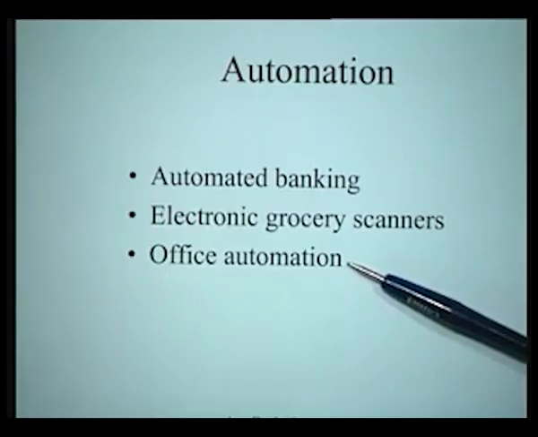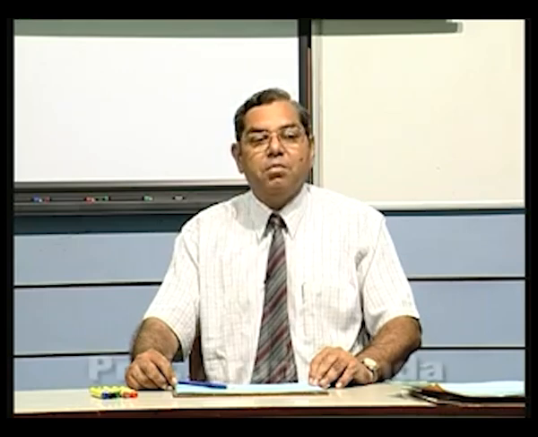Then we can talk about office automation. So office automation in the context of the modern office would be the use of PCs, the use of various software like word processing software, spreadsheets that are used to make things simple and try to help us generate knowledge from information. That's the basic idea of office automation.